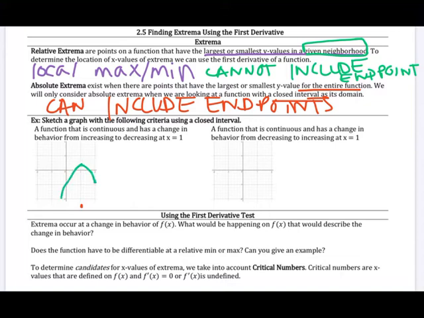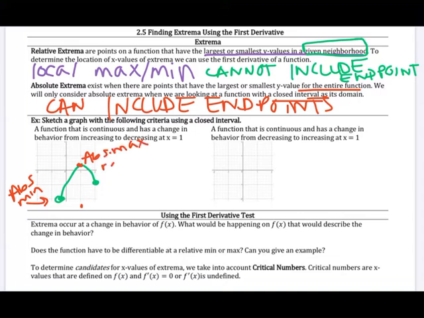And let's just give this some endpoints here because it says it's a closed interval. So looking at this graph, down here, this value is the absolute minimum value of the function. It is the lowest of any points in the interval that we're considering. This point here is the absolute maximum.